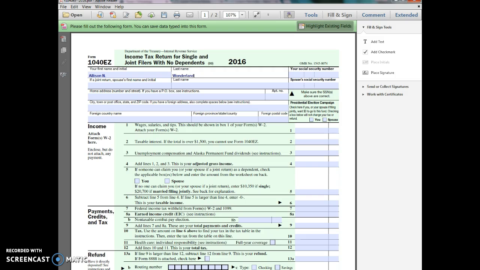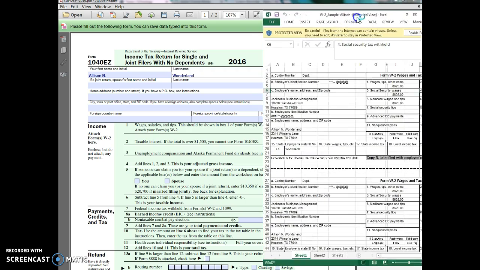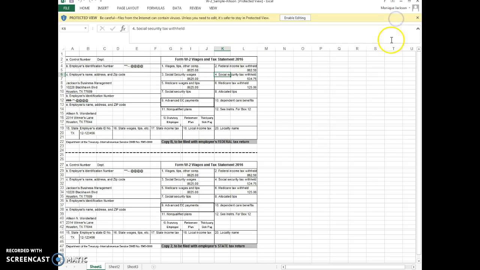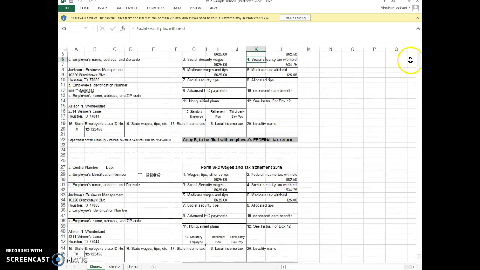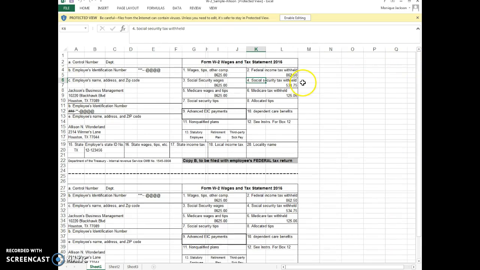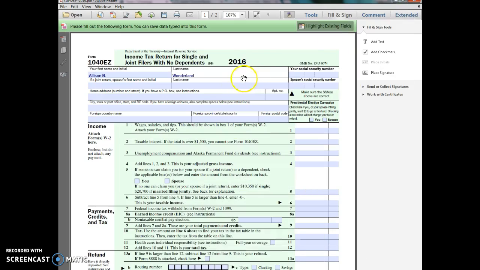And I did not give Allison a real Social Security number because I do not want to risk compromising anyone's identity. So I actually used symbols for Allison's Social Security number. So here is her Social Security number right here on line 12 of this Excel sheet. Oh wow, I'm just going to copy paste from this sheet. Didn't do it that way a few years ago.